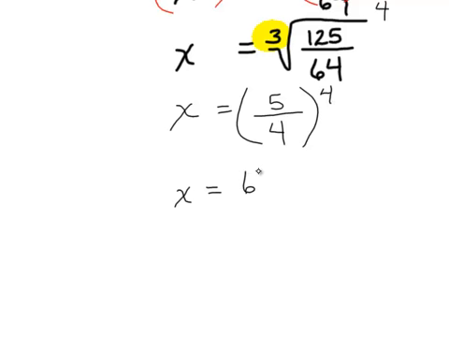I can still do that in my head. And 4 to the 4th, that is 4 times 4 times 4 times 4, which is 256. Okay, we can plug this back into the original equation to make sure that it does work. And hopefully you are a pro at equations with fractional exponents.